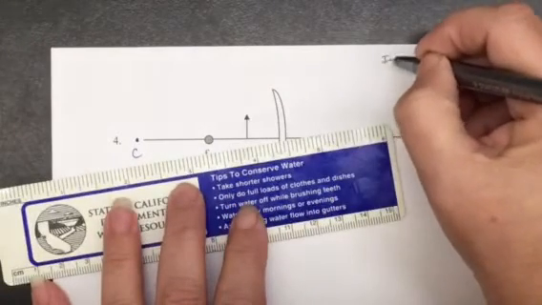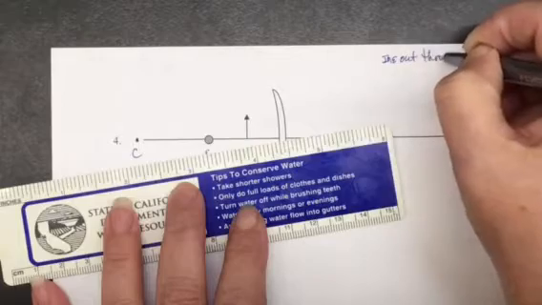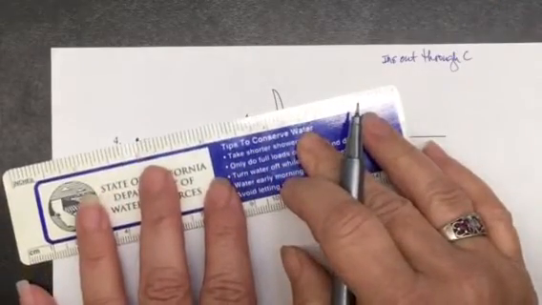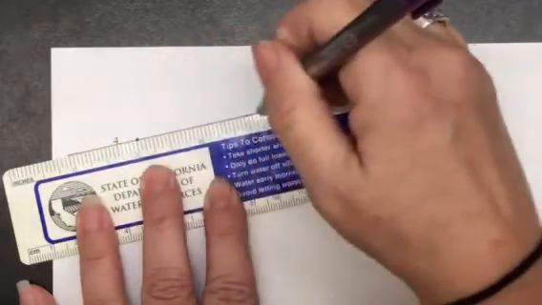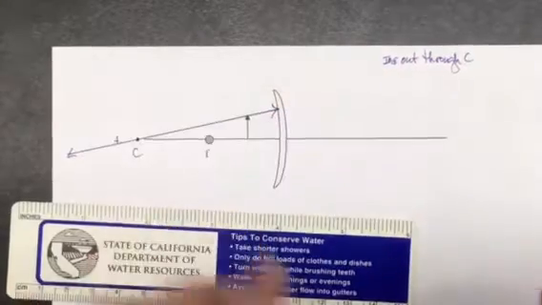All right, the rays are the same. In and out through C. So we're going to line up C with our object. In and out. Like that.